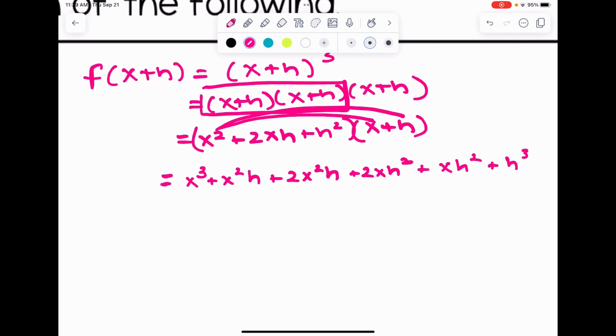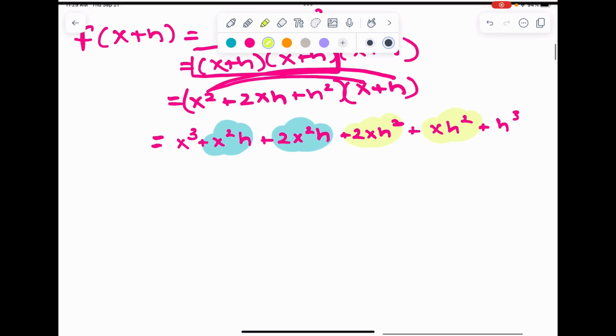Just one note, I tried to be consistent, and when I had a term that had x and h, I tried to always put x first. All right, when I look at this, I noticed that I can combine like terms a little bit here. So x squared h and 2x squared h can be combined. And 2xh squared and xh squared can be combined.